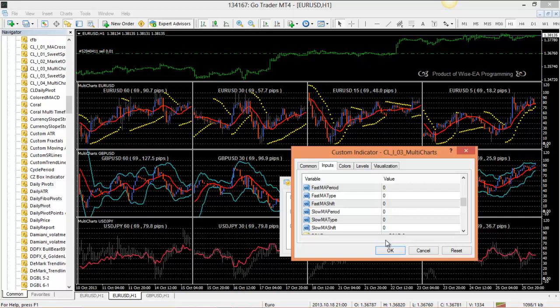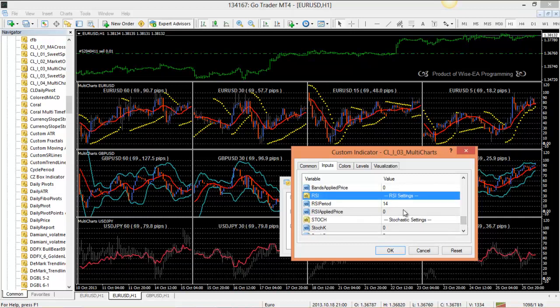However, the last 2 indicators, RSI and stochastic, are a little bit different. They have a range between 0 and 100 by themselves, and they are in an independent window.